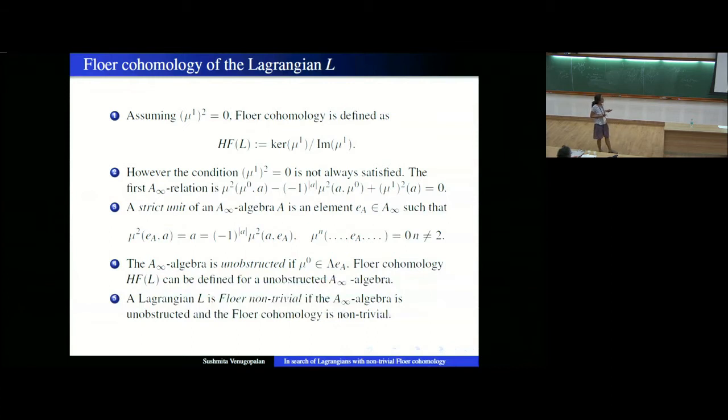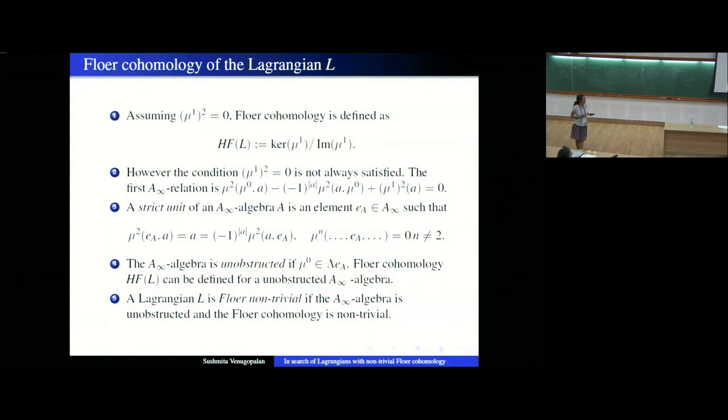We say that an A infinity algebra has a unit if there is an element EA which satisfies this condition. If you plug it in any mu n other than 2, it will give a 0. And if you plug it into mu 2, it gives the other element. So if there is this kind of an element, and your mu 0 is just a multiple of the unit, then the A infinity algebra is unobstructed.